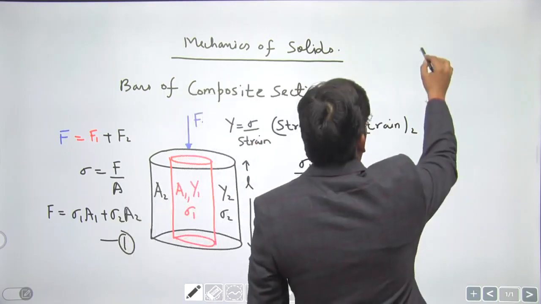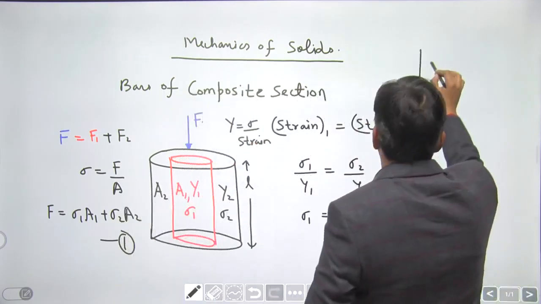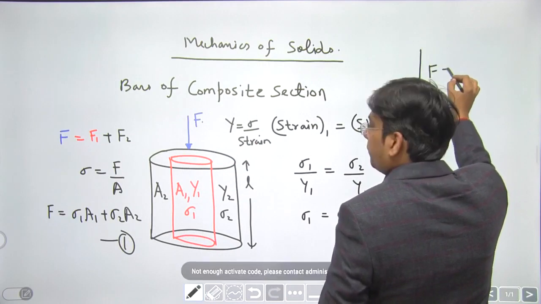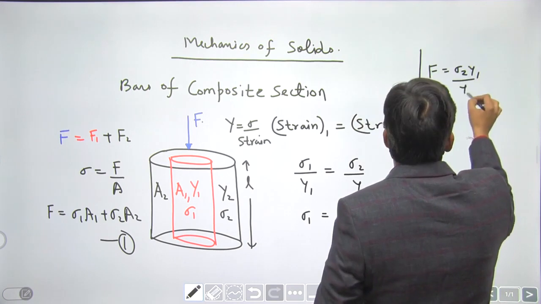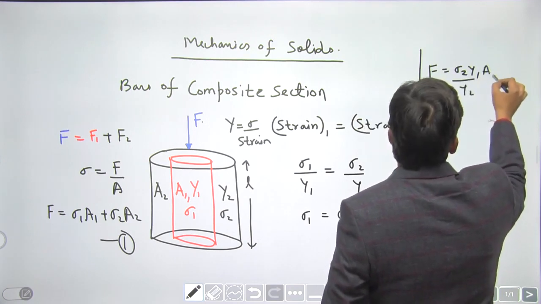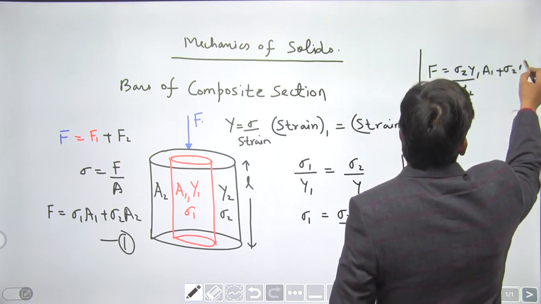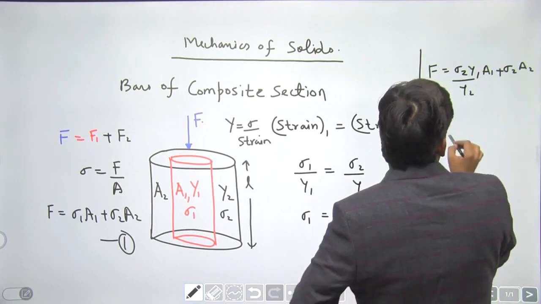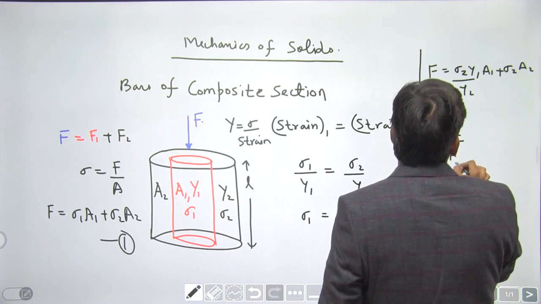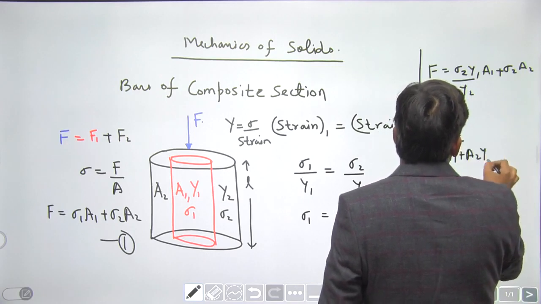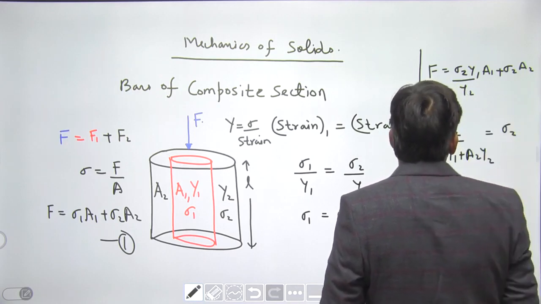So force is going to be sigma 2 y1 divided by y2 into area 1 plus sigma 2 into a2. So this becomes F y2 divided by a1 y1 plus a2 y2. This is your sigma 2, right?